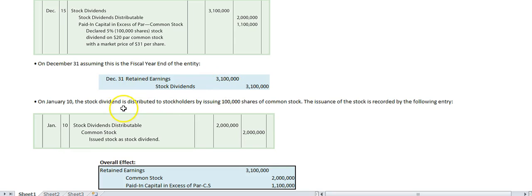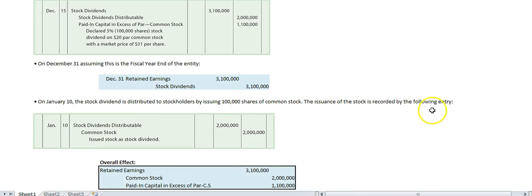On the day of payment, January 10, and you have to keep in mind that I'm assuming this is the end of fiscal year, because that's when you do these closing entries. This is like a closing entry. On January 10, the stock dividend is distributed to stockholders by issuing 100,000 shares of common stock.